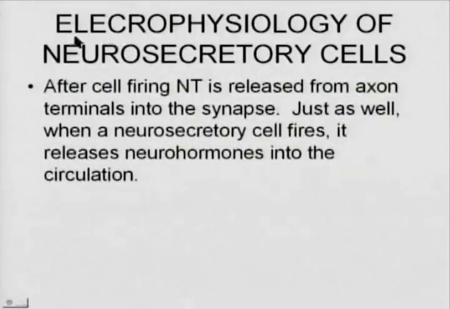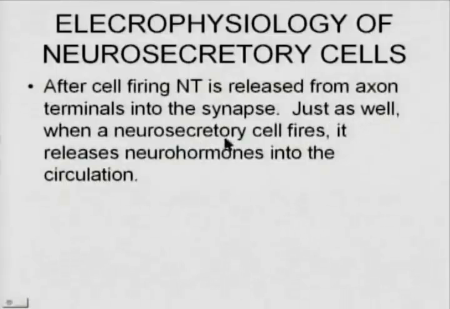We've had many discussions on the electrophysiology of neurosecretory cells and neurotransmitters in discussions from Chapter 5. We'll try to have a few papers that focus on this as well. We're not going to say much more than that after the cell firing, the neurotransmitter is released from the axon terminals to the synapse.